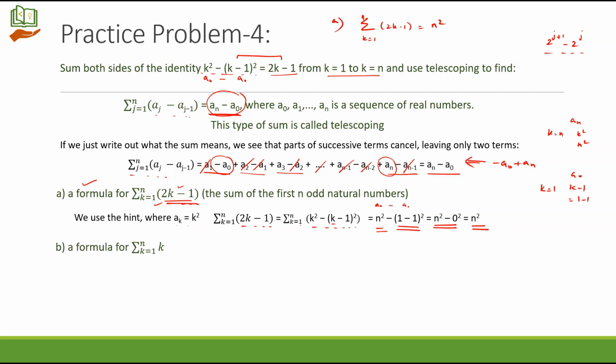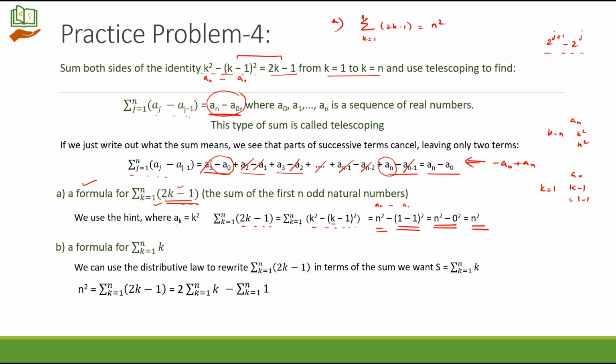Now what about B? Read the question as, use telescoping to find a formula for the summation of k from 1 to n of k. We can use the distributive law to rewrite the summation of 2k minus 1 in terms of the sum we want. S is equal to summation of k is equal to 1 to n k.